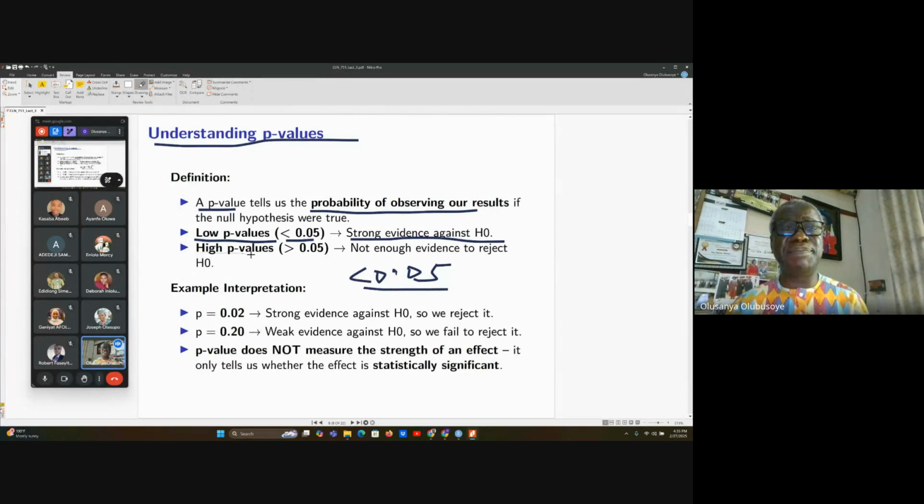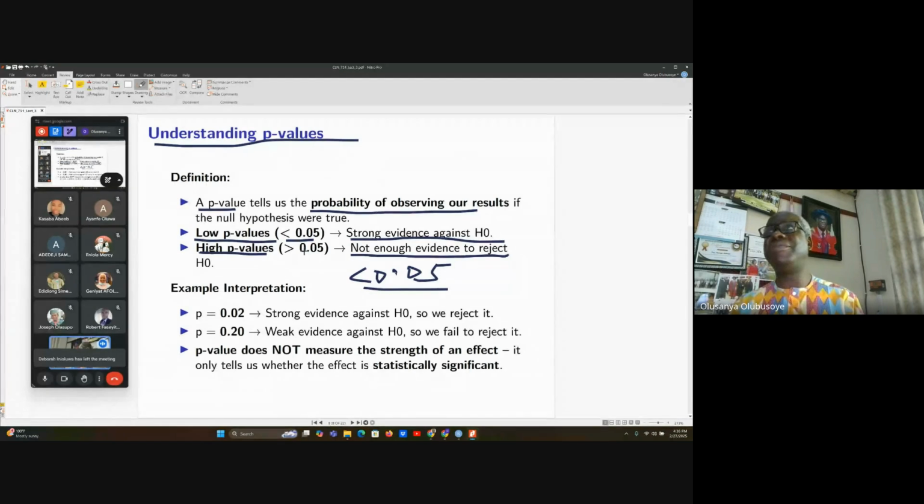The higher the p-value, the weaker the evidence we have against the null hypothesis. They are in reverse order.